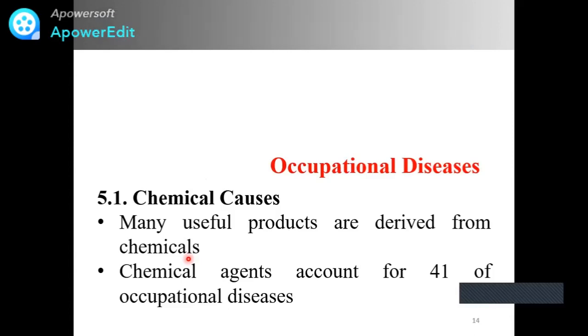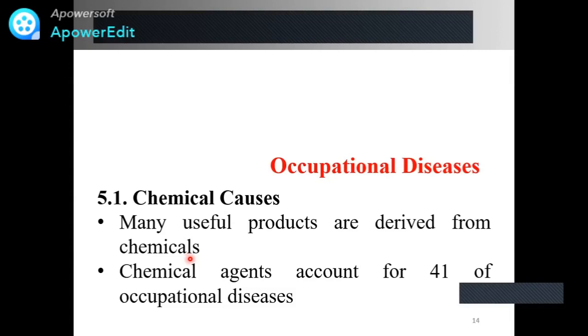Some chemicals may appear harmless but can result in injury upon contact. Some adverse health effects develop only after long-time exposure to the human body. Chemical agents account for 41% of occupational diseases that are caused by exposure to agents from work activities.